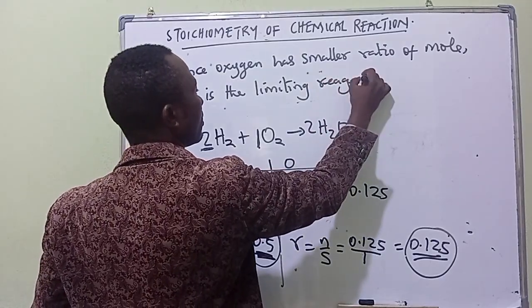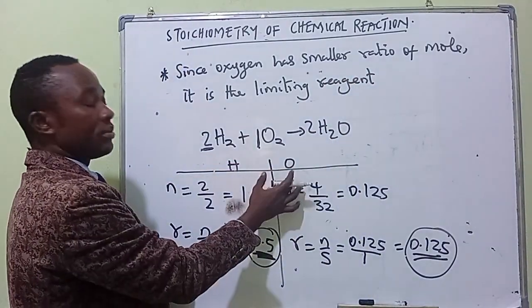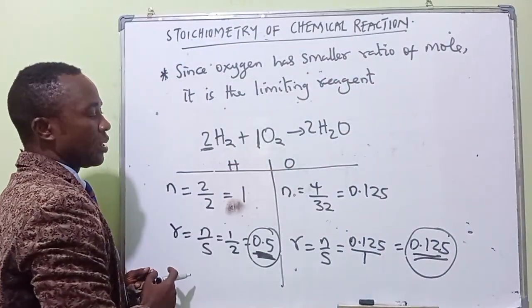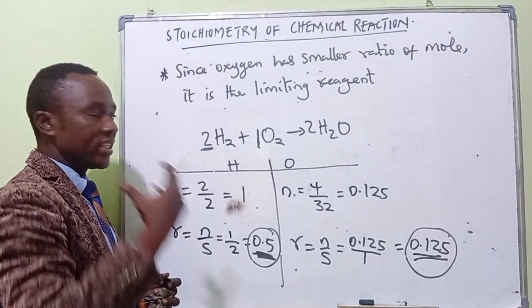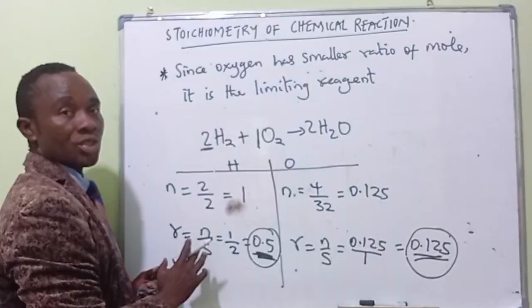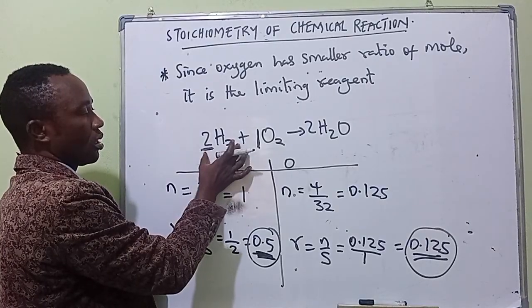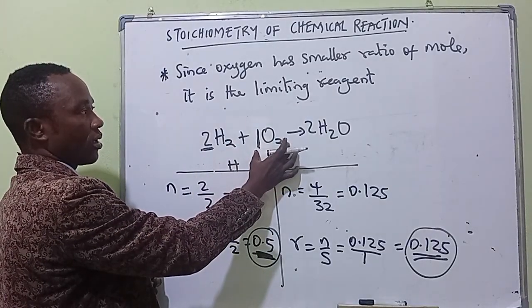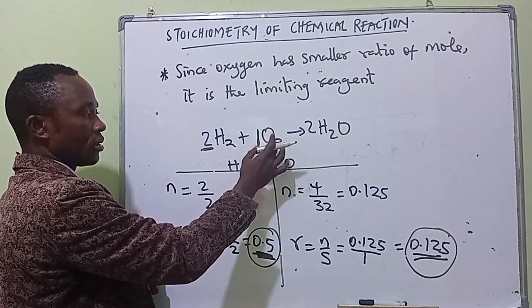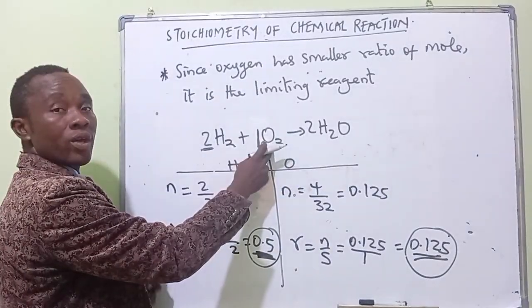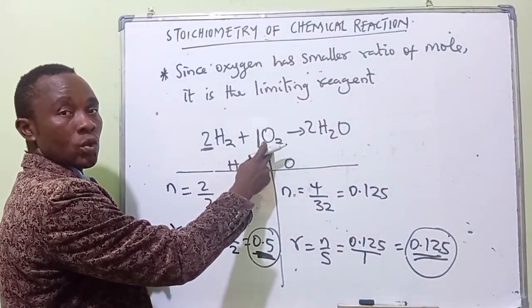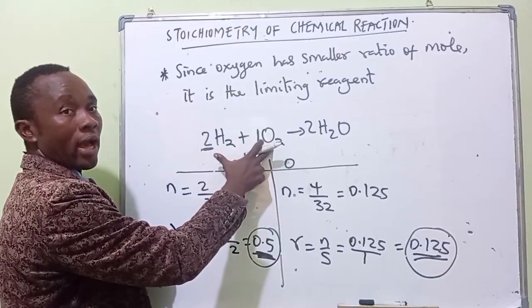Now, if oxygen is the limiting reagent, it simply means it is the one that got finished first during this reaction. When you are reacting 2 grams of hydrogen and 4 grams of oxygen, the oxygen will finish first during the course of the reaction before hydrogen.